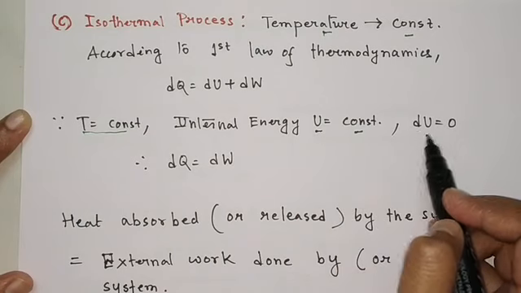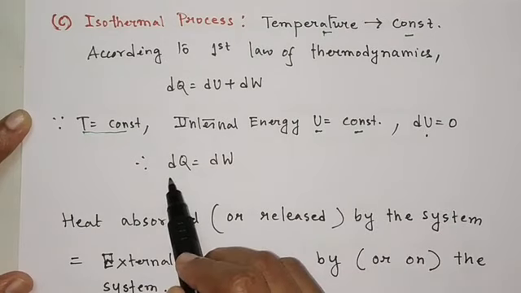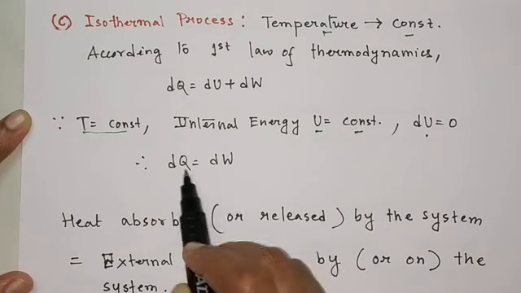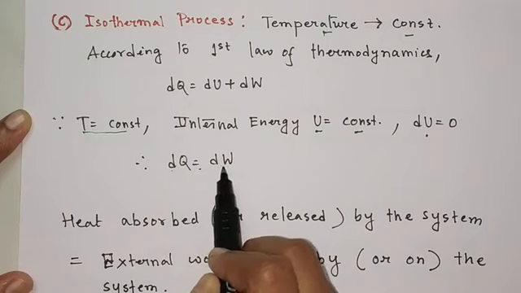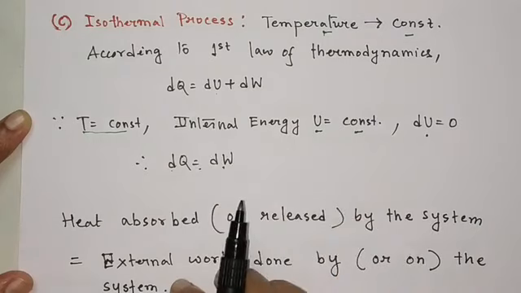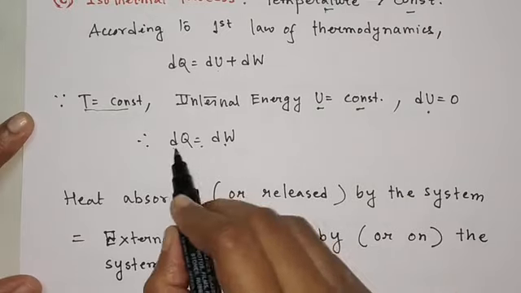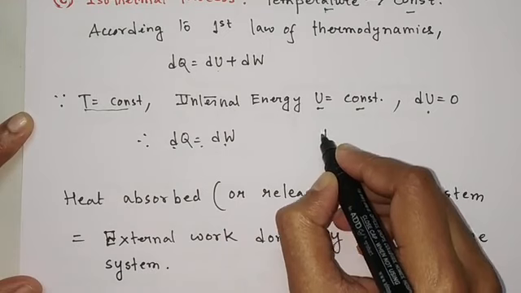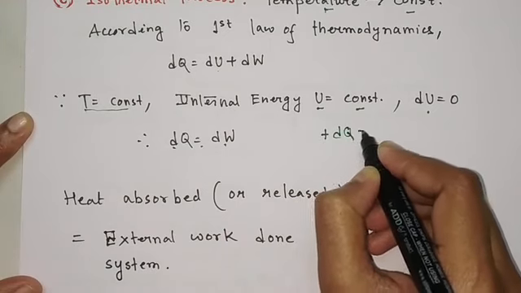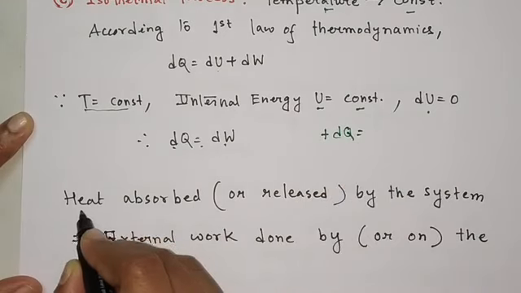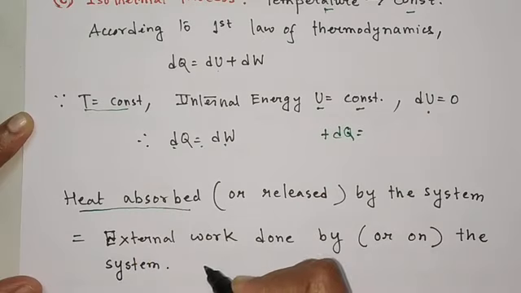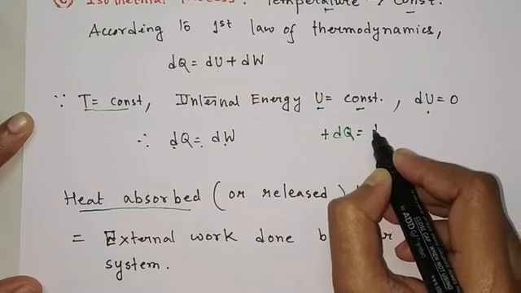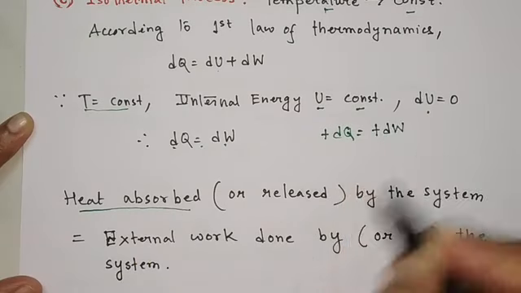Now as du is 0, the first law of thermodynamics takes the form dq equals dw. So we can say that if we have plus dq, that is, heat absorbed by the system, then dw will also be positive.